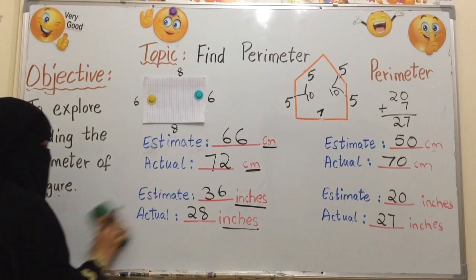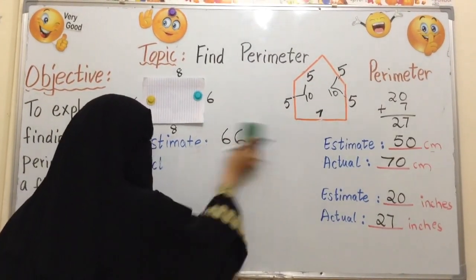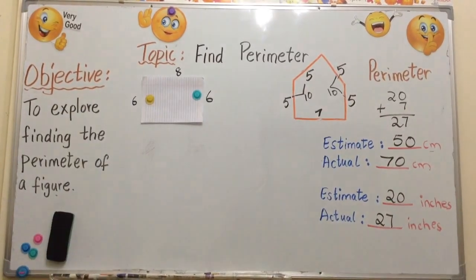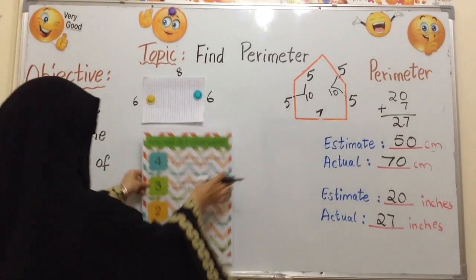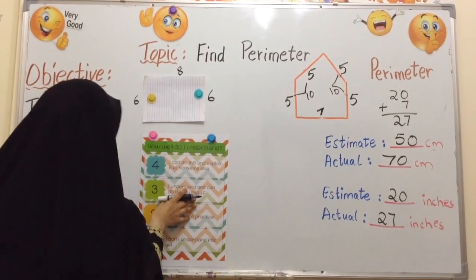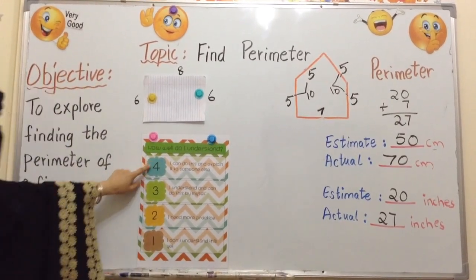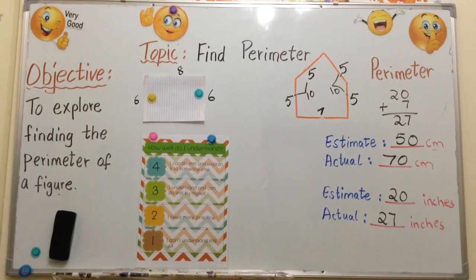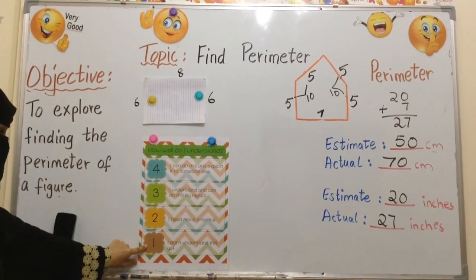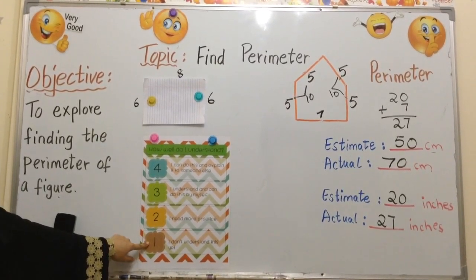Now, it's your grading time. You have to grade yourself. Okay, remember, starting from 1 to 4, you have to choose a number. Let us grade how well you know the lesson. Now, if you choose number 1, that means you need to watch the video again.